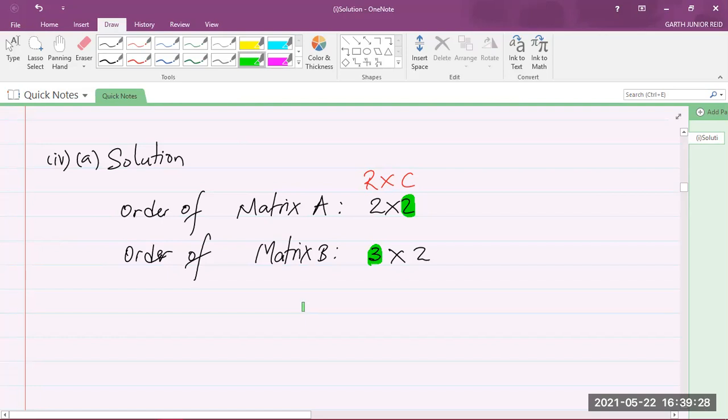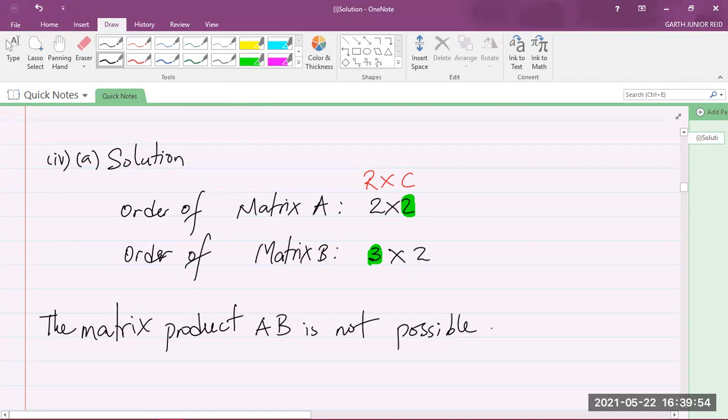But you recognize that they are not the same. Those two values are not equal. So what will be our reason here? We're going to write a statement. So the matrix product A times B is not possible.